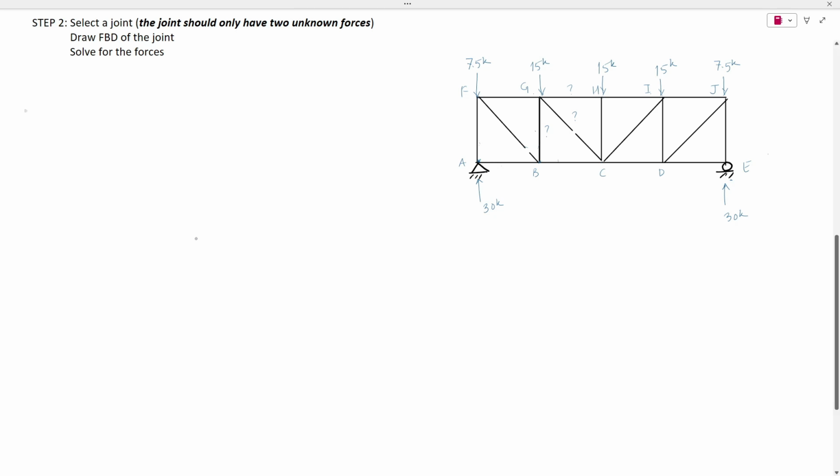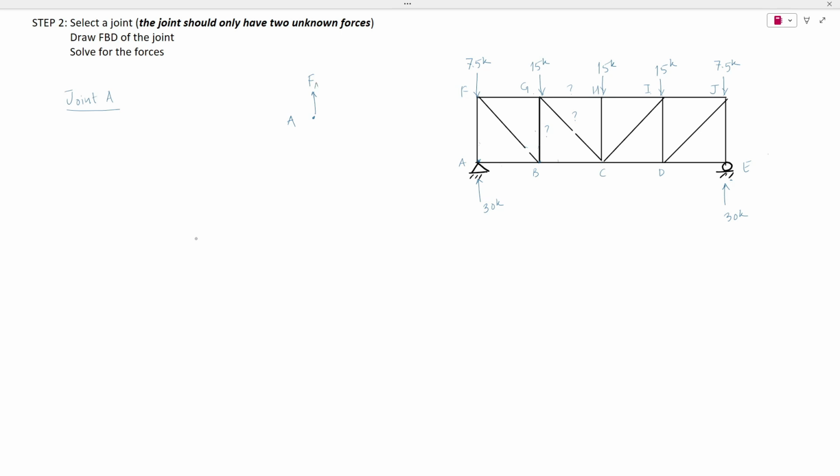So let's start with joint A. Draw a free body diagram of joint A, and consider each member to be in tension first.